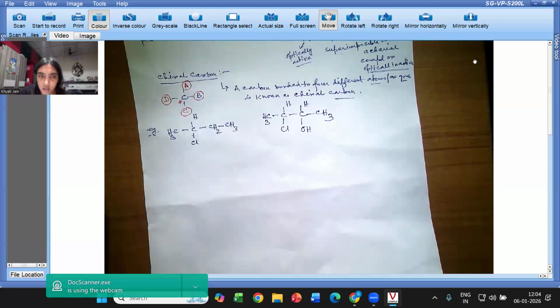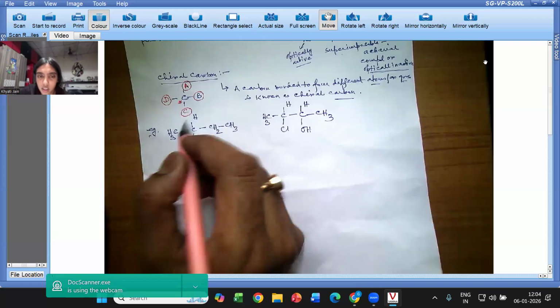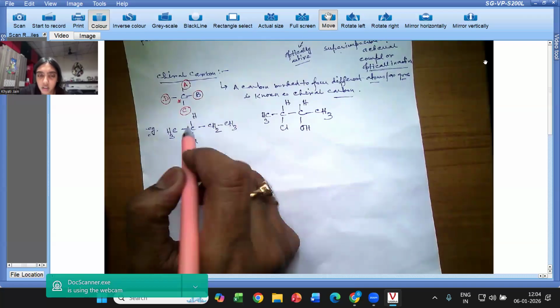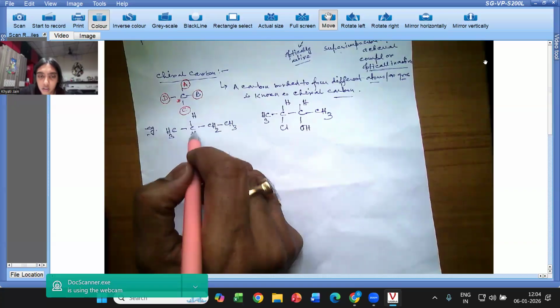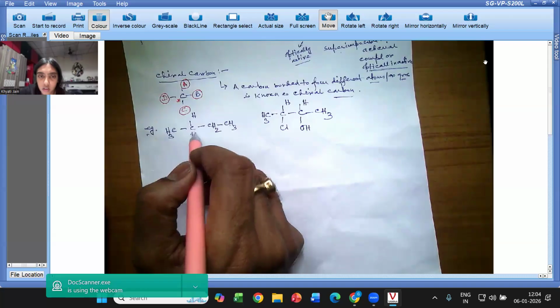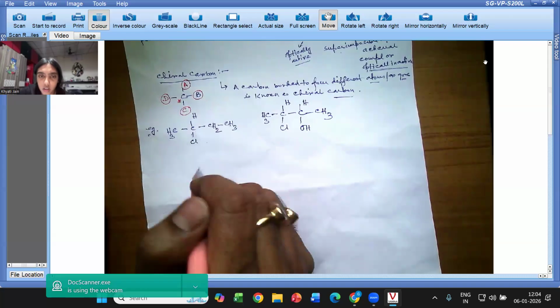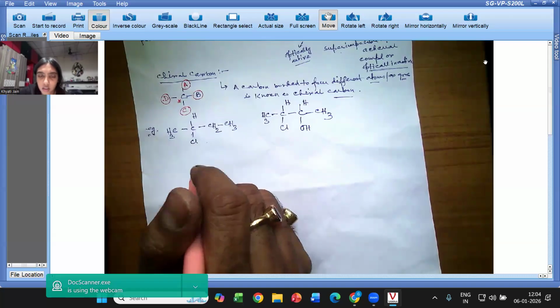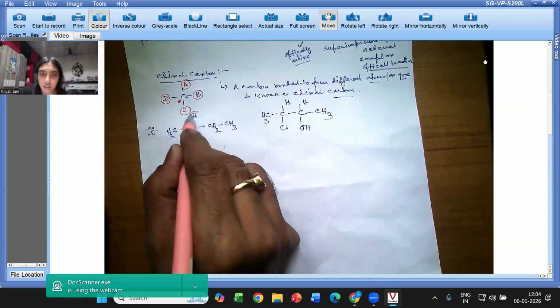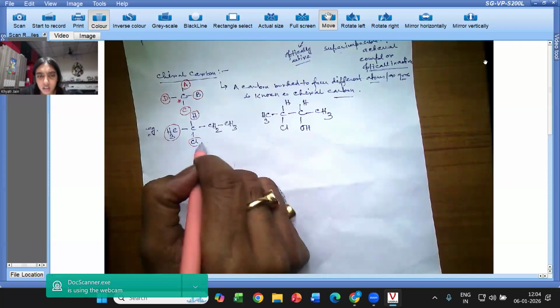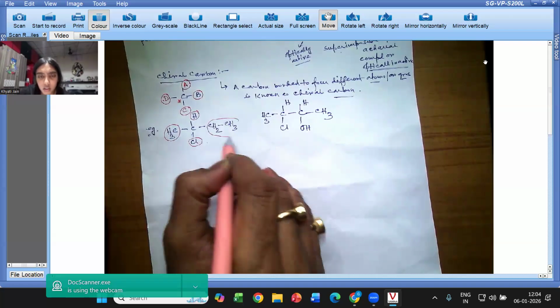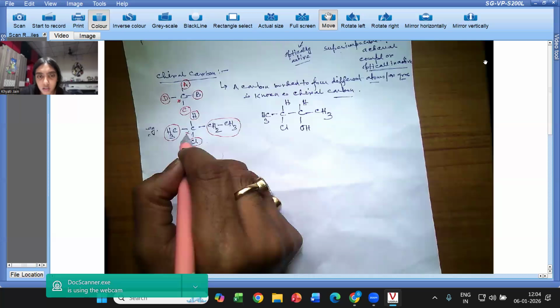Three. How? CH3NH, methyl group. How many chiral centers for this particular compound? How three? Tell me. Only one. So this is only one atom, another atom, another atom. So this is only one chiral carbon.